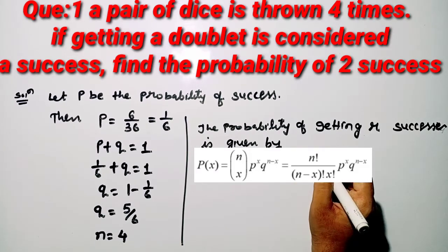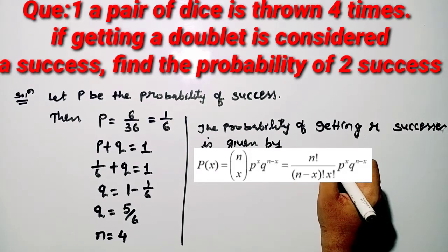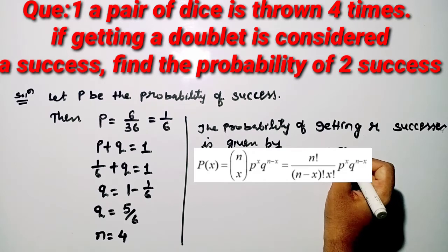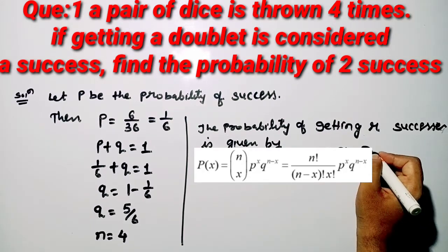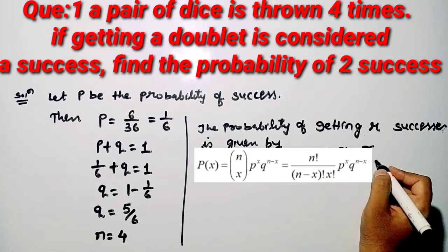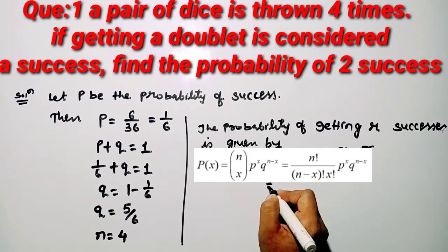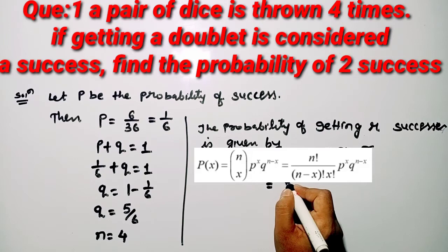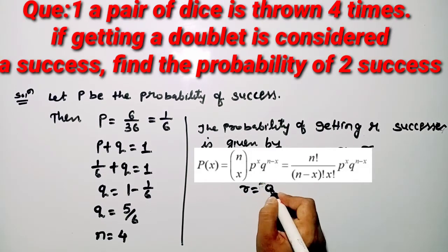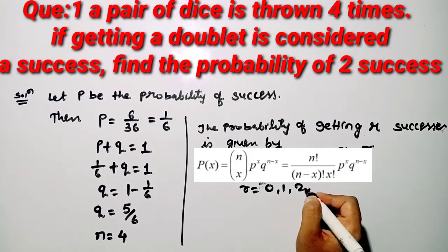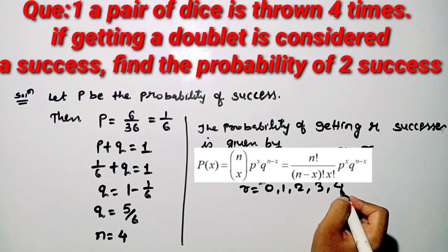We can expand these things: n factorial over x factorial into n minus x factorial, P to the power x, and Q to the power n minus x. Right, students? This is the formula of binomial distribution, where R is equal to 0, 1, 2, 3, 4.